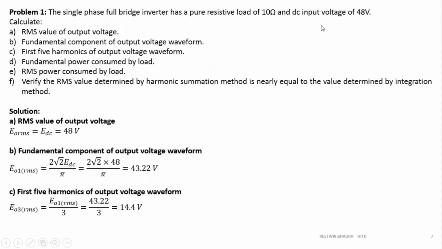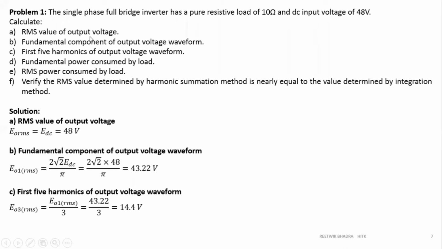Because in the half bridge inverter, recall the DC voltage was EDC by 2. So it is a good way of saying the voltage is center tapped. If my center tap voltage is 96 by 2, that means 96 volt is EDC by 2. But here the DC input voltage is directly given. So it is 48 volts, so EDC will be directly 48 volts.